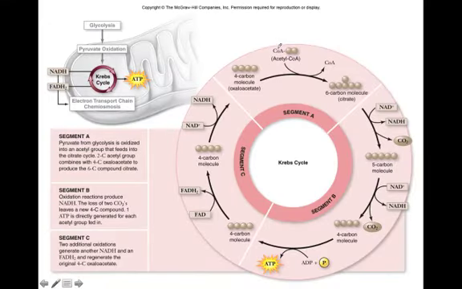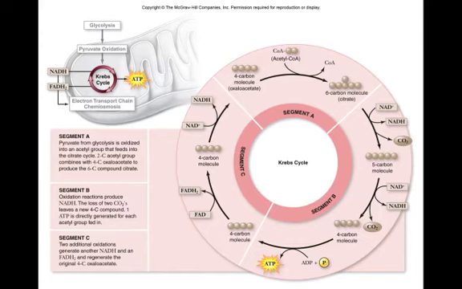In the first segment, we'll take acetyl-CoA and add it to a 4-carbon oxaloacetate workbench. In the next section, we'll decarboxylate, that is, take carbons away in the form of carbon dioxide. And in the third section, we're simply regenerating this 4-carbon oxaloacetate molecule.